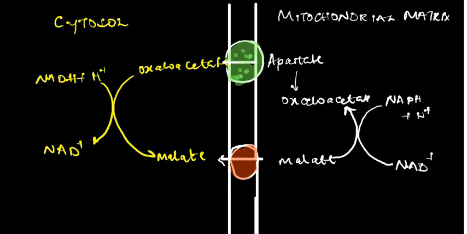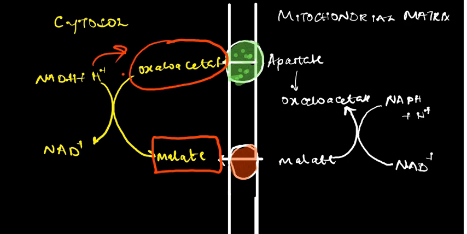The next shuttle that we're talking about is the malate aspartate shuttle. Like you can see, the NADH in the cytosol reduces this oxaloacetate. Let me just use arrows. Reduction is an addition of a hydrogen atom. So NADH reduces oxaloacetate to malate by the enzyme that we call malate dehydrogenase.